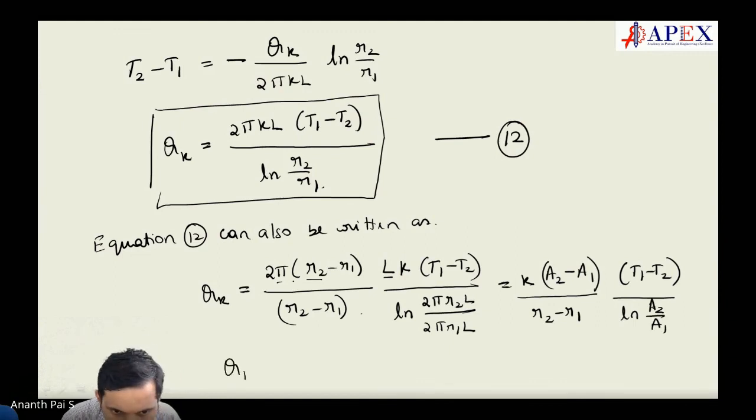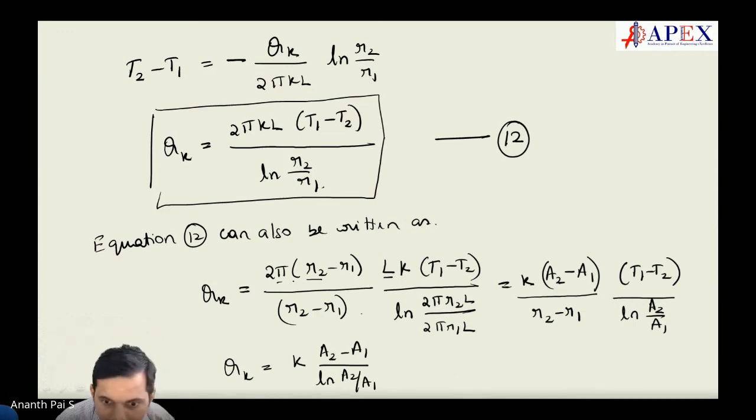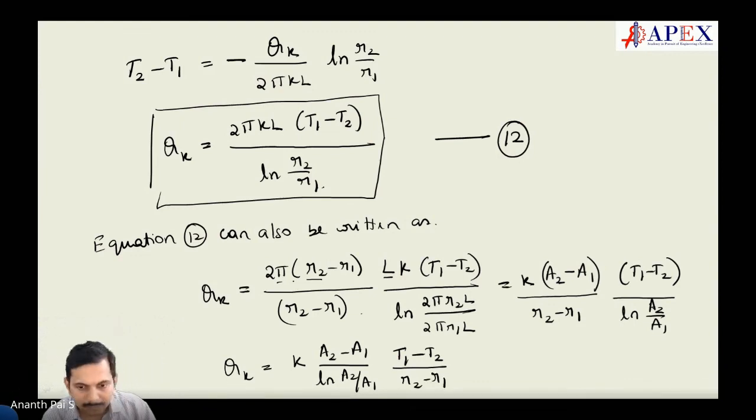Or Qk can be written as K into A2 minus A1 divided by log of A2 by A1 into T1 minus T2 divided by R2 minus R1. This further I will write in the next slide.